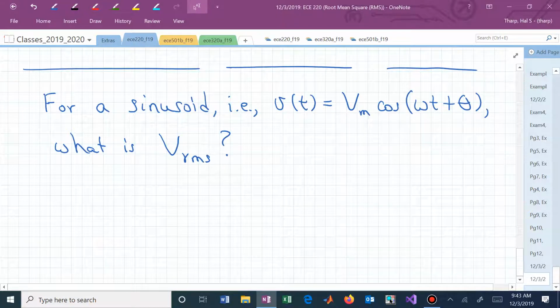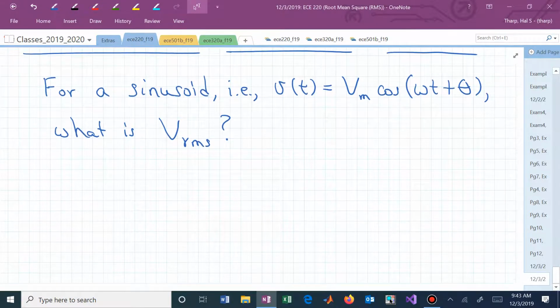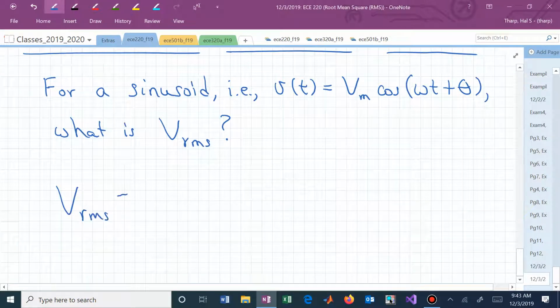Let's now compute the RMS value for that sinusoid, this cosine. We want the root of the mean of the square. So the last thing we'll do is take the square root.